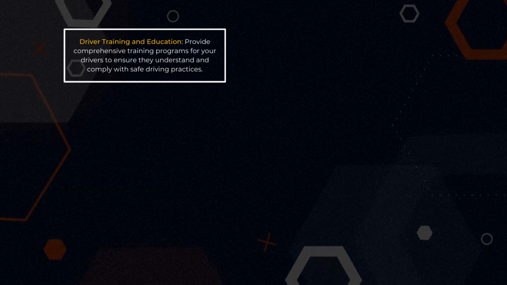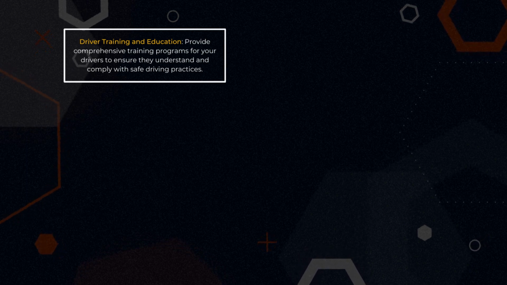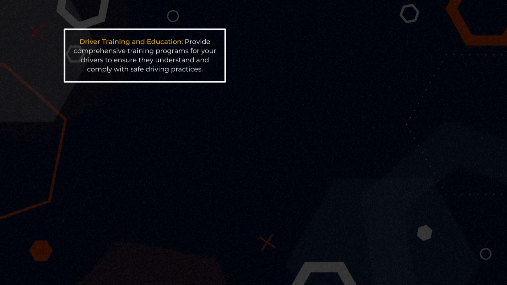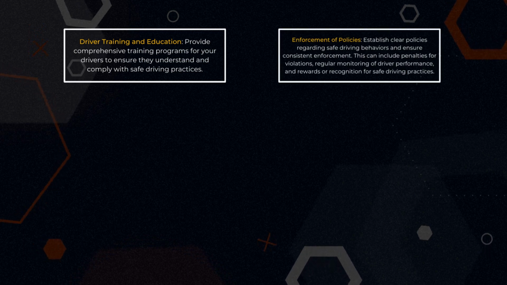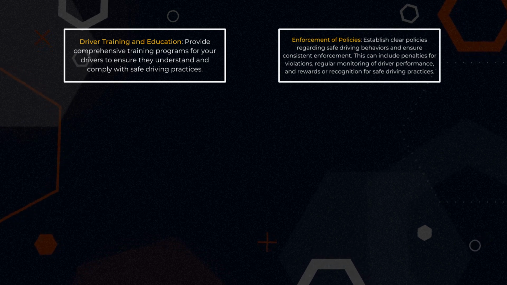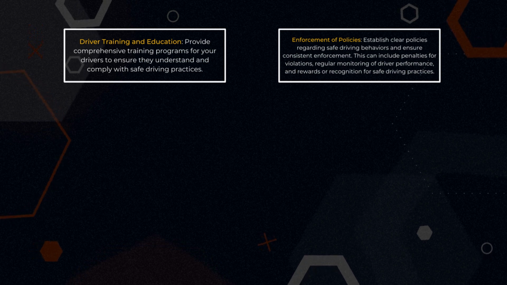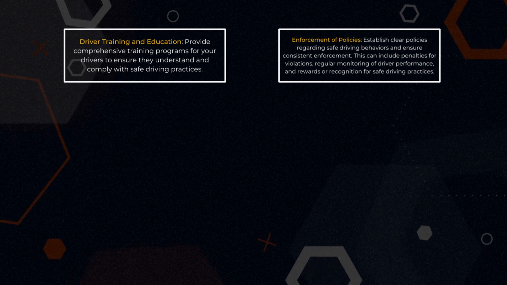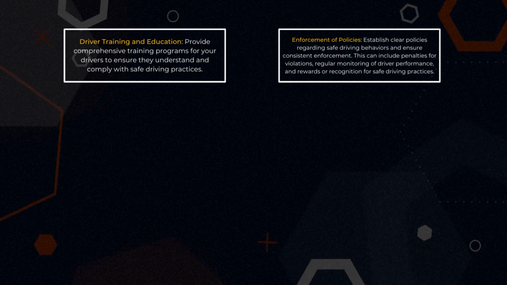Provide comprehensive training programs for your drivers to ensure they understand and comply with safe driving practices. Enforcement of policies. Establish clear policies regarding safe driving behaviors and ensure consistent enforcement. This can include penalties for violations, regular monitoring of driver performance, and rewards or recognition for safe driving practices.